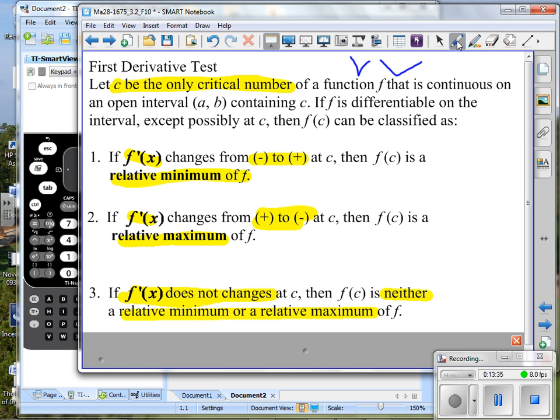So we could have a function like this. It's negative on this side and it's negative on this side. But this happens to be a 0 in here. So it comes down and we get what we call one of those inflection points, and the first derivative is 0, but it's not an extrema at all. So we can get some things like that.